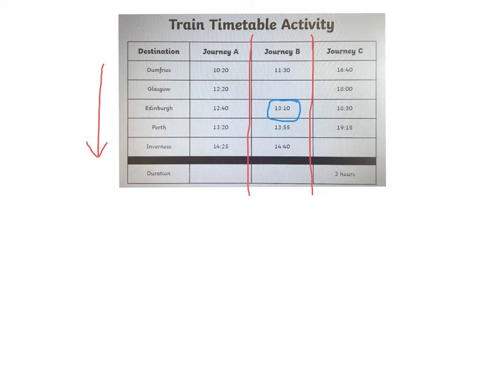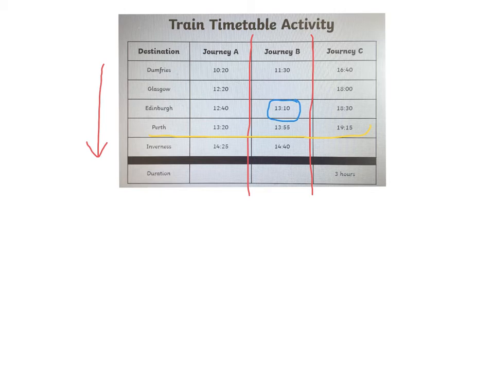You might also be asked a question like, you need to be at Perth by 1:30. What is the best train to take? So we'd have to look at the Perth section of the timetable and look at all the different times there for each of the three journeys and see which is the best one. So we need to be there by 1:30. We can't take journey C because that doesn't get us there till 7:15 at night, so that's too late.